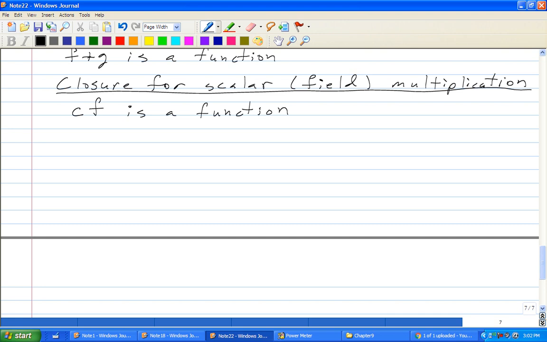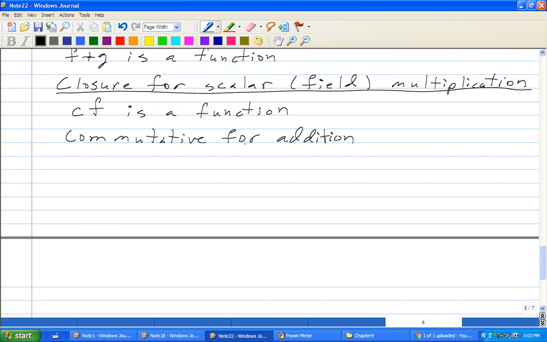Next, the commutative property for addition. If f and g are functions, then f plus g is the same as g plus f. The associative property for addition.